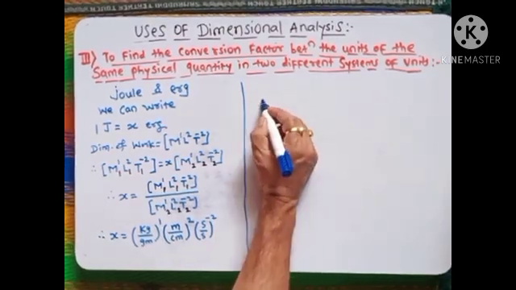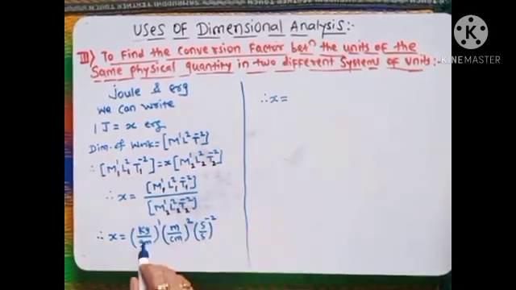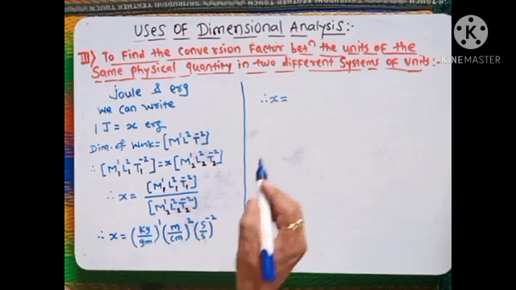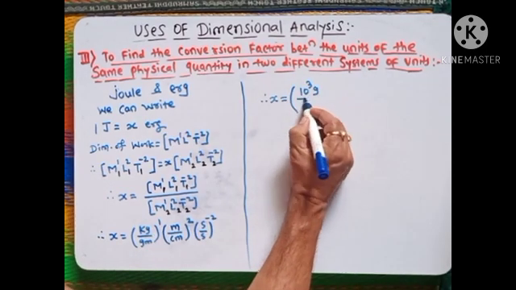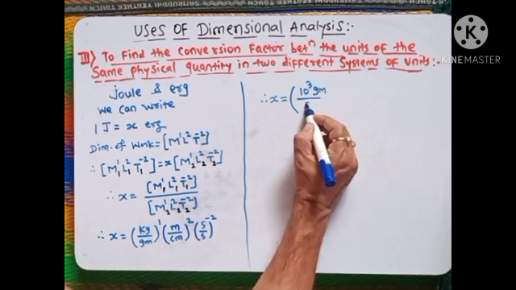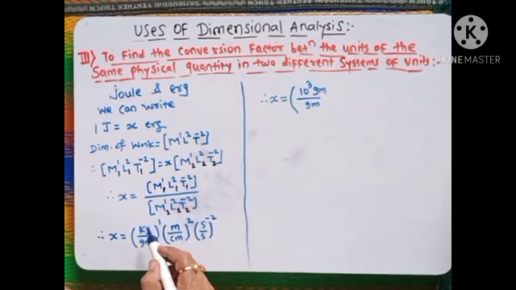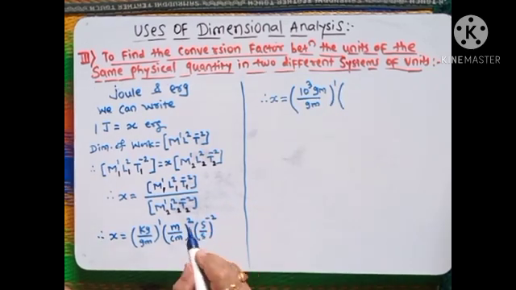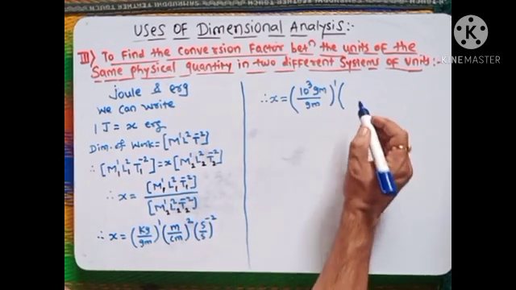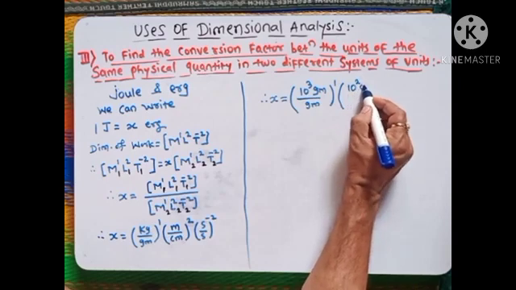See here. Therefore x equals, now I will write here kg. Kg can be written like this: 10^3 gram upon gram. Kg converted into gram raised to 1. Similarly, meter converted into centimeter. Therefore I will write 1 meter equal to 10^2 centimeter upon centimeter, raised to 2.